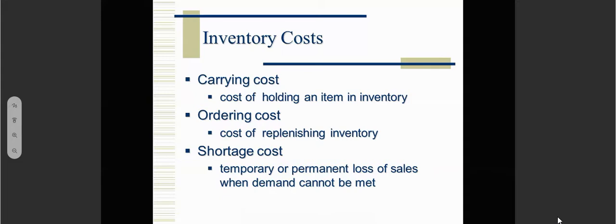And under the ordering cost, among the components that might be included are transportation cost, administration cost, expediting the ordering to the supplier, and many more.